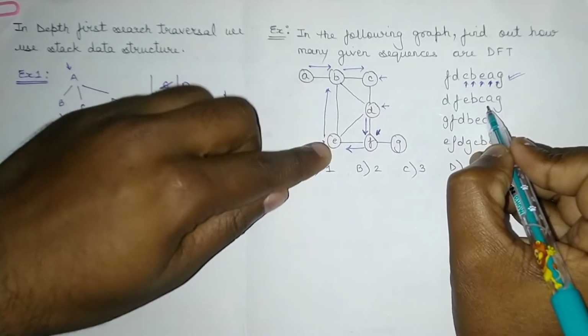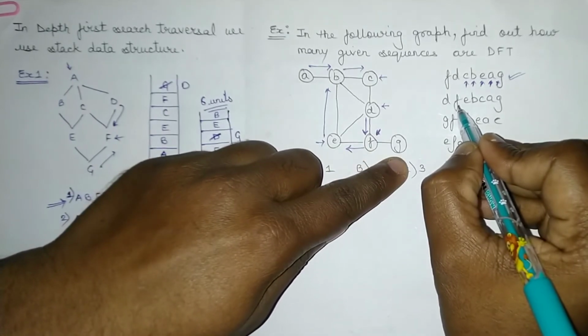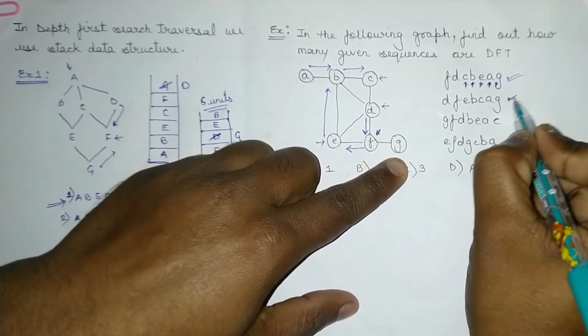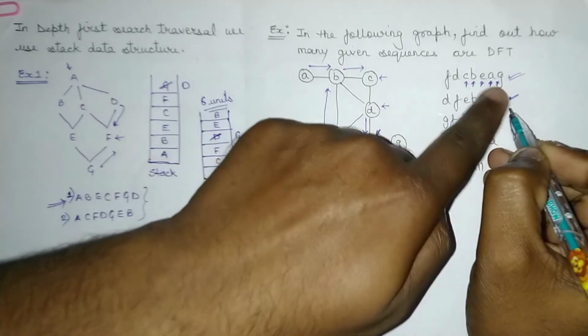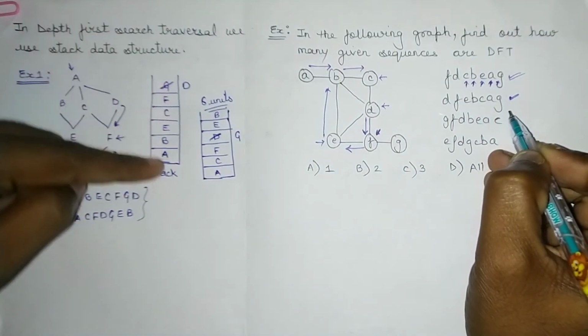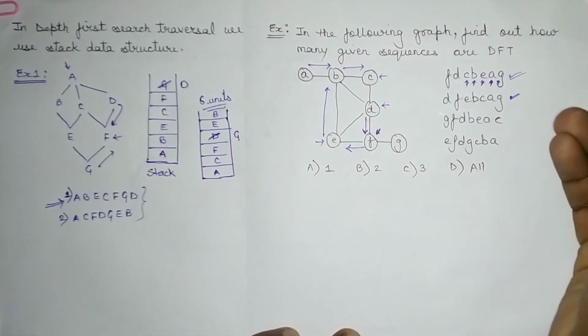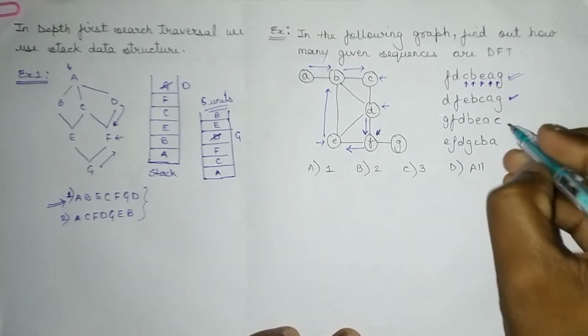Then again they backtrack to E, then from E to F, and from F they explore a new node, which is G. This is also right. If you are having difficulty understanding how I am doing all this, try to find it using the stack method. You will easily get the exact working of this depth first traversal.